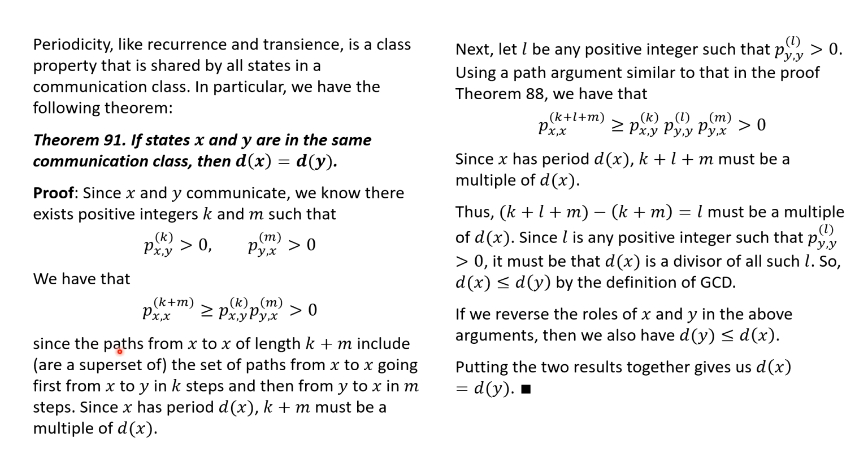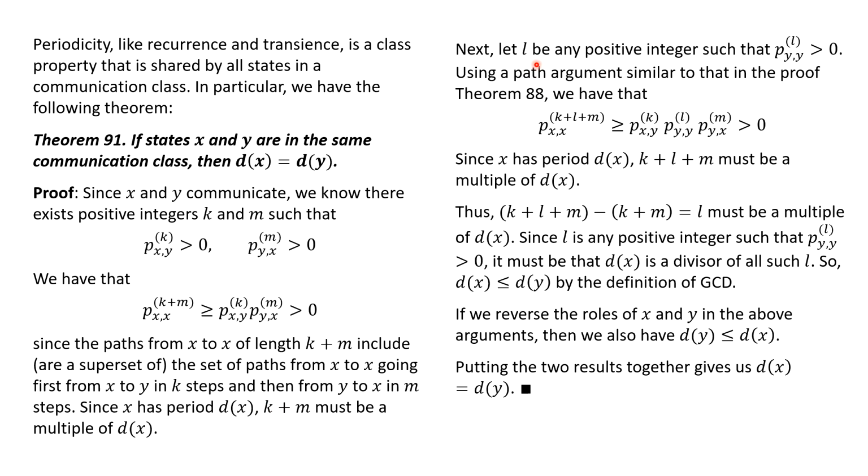This is true since the paths from x to x of length k plus m include, in other words, are a superset of the set of paths from x to x going first from x to y in k steps and then from y to x in m steps. Since x has period d_x, k plus m must be a multiple of d_x. So we have this as one fact.